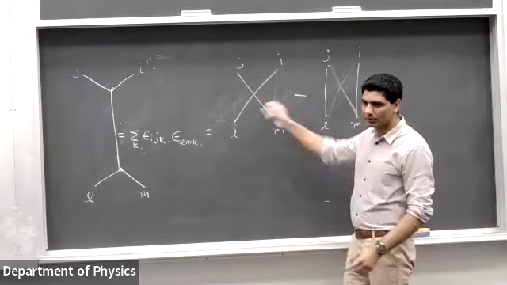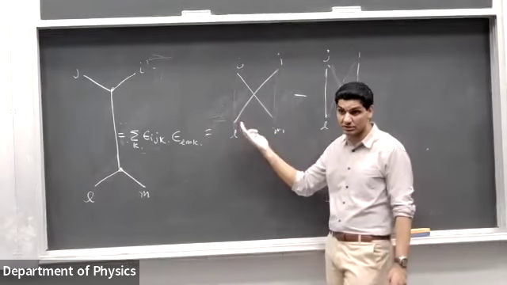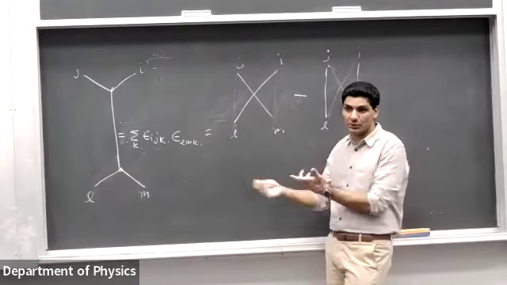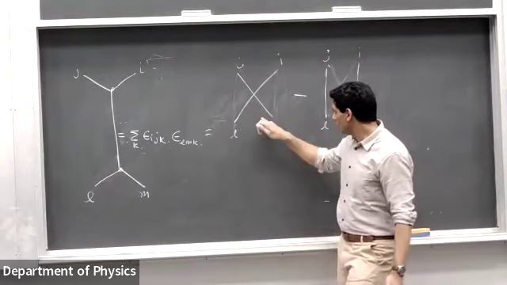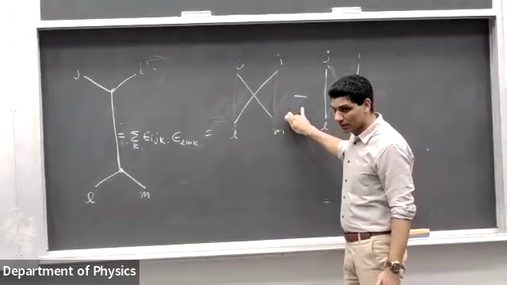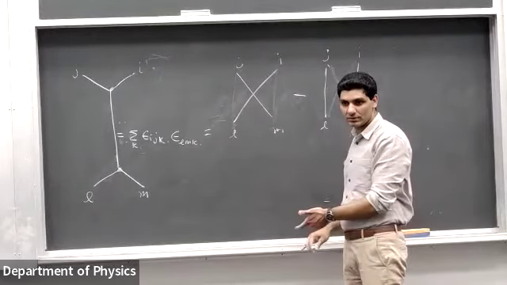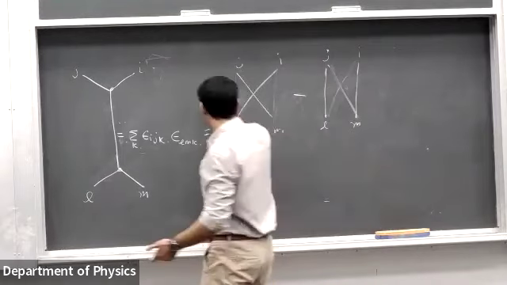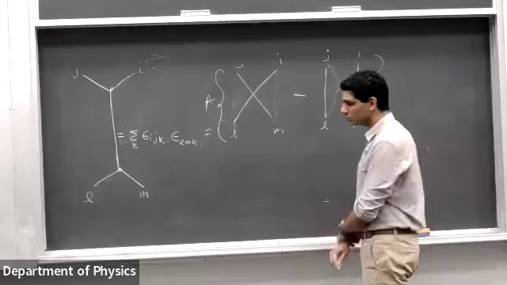They cannot be different by coefficient, unless or until the term itself picks up a minus sign, which it is not doing. It's just morphing into another term when I swap the indices, right? So if these two terms have a relative sign, then this goes into this, I can pull out an overall minus sign, right?